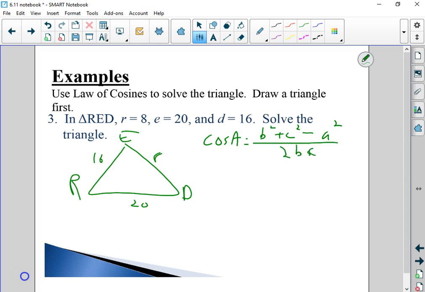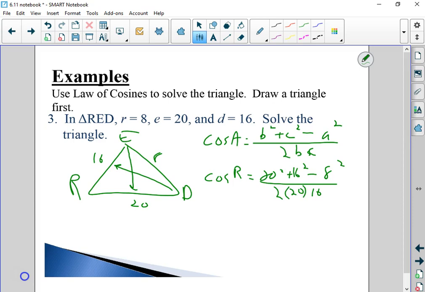So if we're doing cosine of r, that means we're going to use E and D first, so 20 and 16, because here's E, here's D. So it's going to be 20 squared plus 16 squared minus 8 squared, over 2 times the other two sides, 20 times 16.